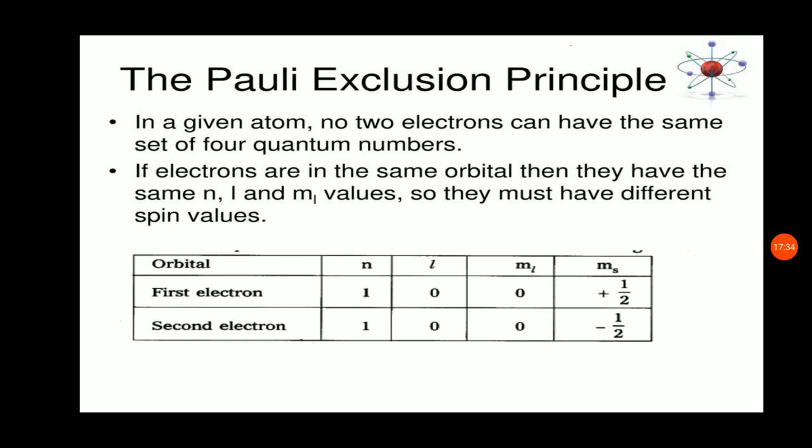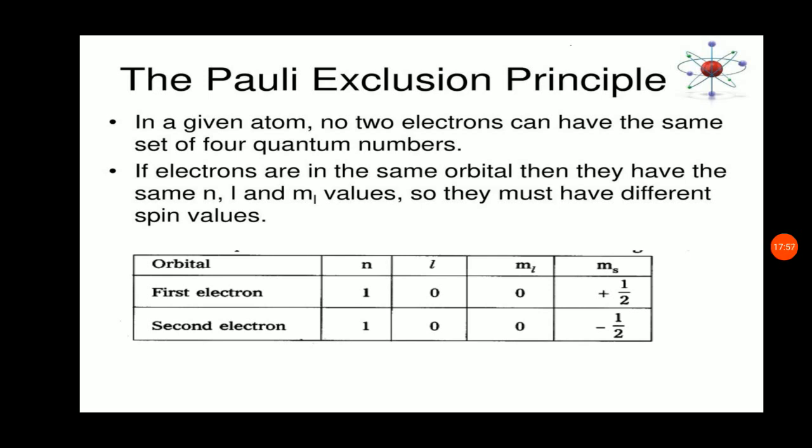For example, an s orbital has 2 electrons. The first electron has principal quantum number value 1, azimuthal quantum number value 0, magnetic quantum number value 0, and spin quantum number value plus half, that is clockwise rotation.